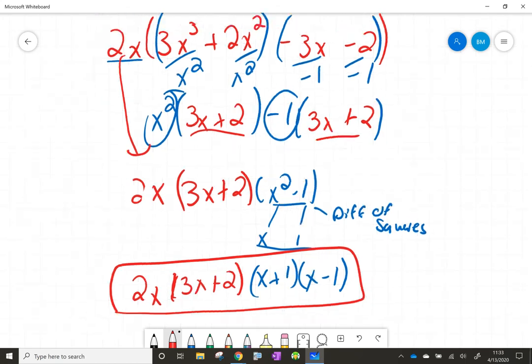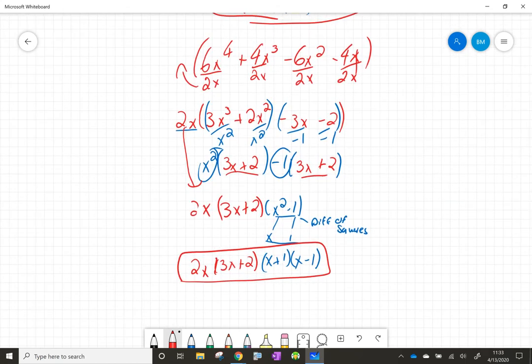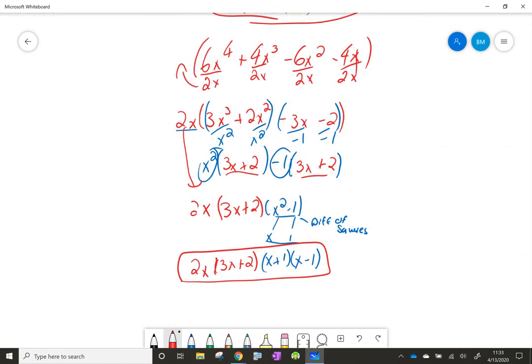So this problem is a good problem because it pretty much uses almost everything we've learned over the past 3 weeks. We've used GCF, right? We used grouping, and we even used difference of squares. So 3 methods of factoring all in one problem.